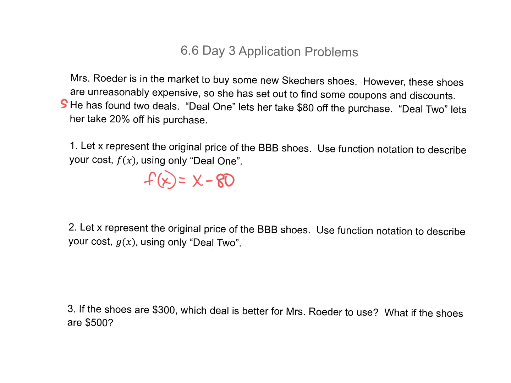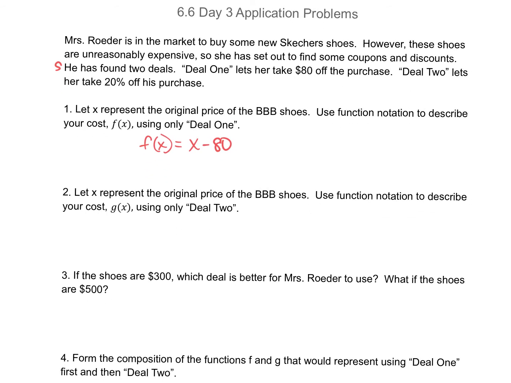Number 2, let X represent the original price of the shoes. Use function notation to describe your cost, G of X, using only deal 2. So G of X is equal to, and there are a few different ways to write this, X, which is the total amount, minus, if you're taking 20% off the purchase, you have to figure out what 20% of the cost is.